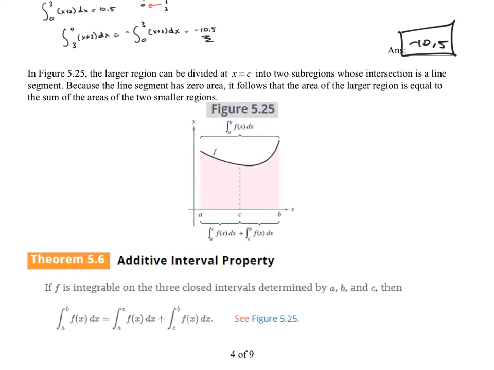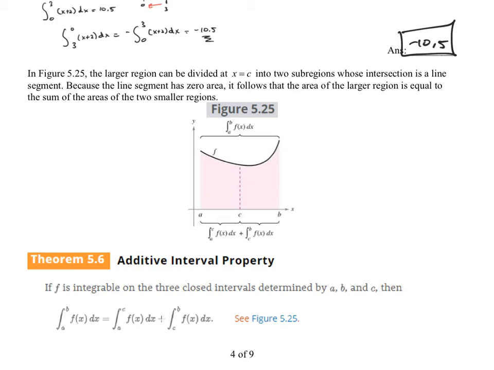This next one's very helpful sometimes, and believe it or not, it is. It says in figure 5.25, the larger region can be divided at x equals c into two subregions whose intersection is a line segment. Because the line segment has 0 area, it follows that the area of the larger region is equal to the sum of the two areas of the smaller regions. So what did they do? Look at that red area that they have there.